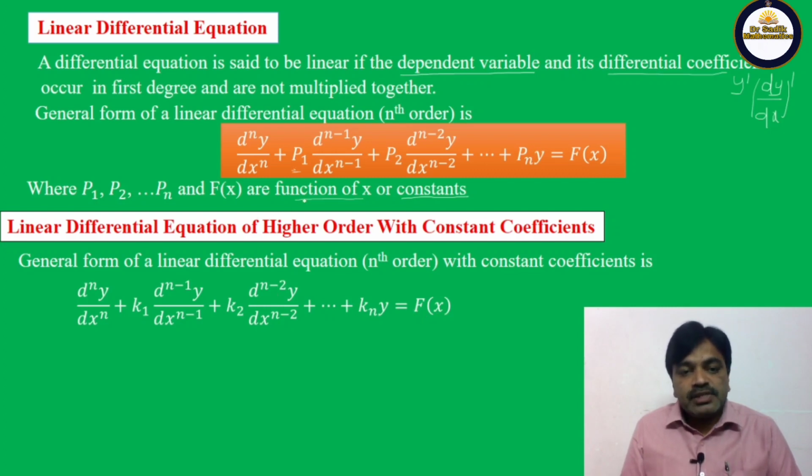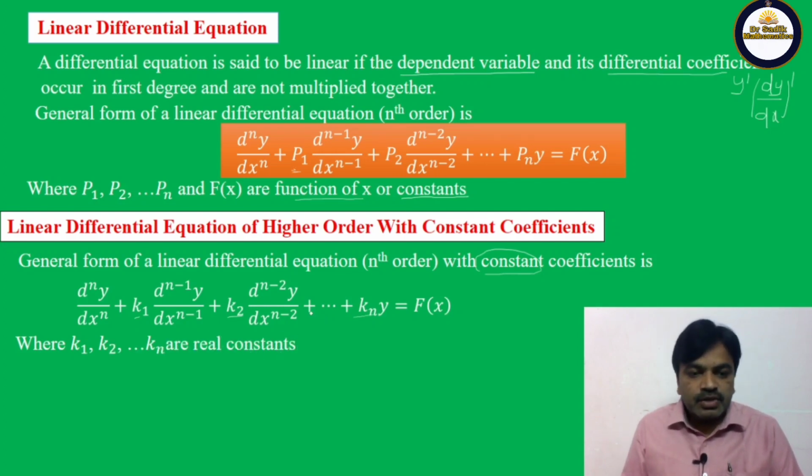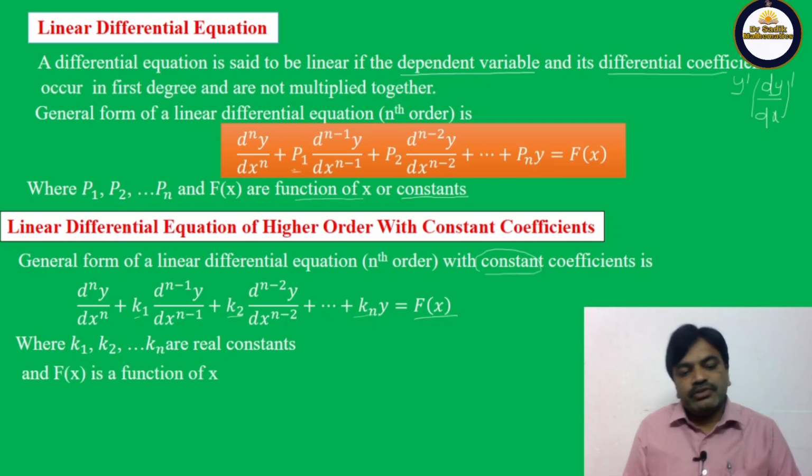Previously we assumed p1, p2 and so on pn are either functions of x or constants, but here k1, k2 and so on kn are constants, and f of x is a function of x or constant.